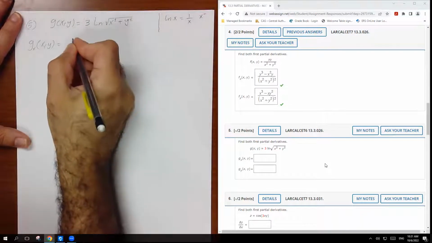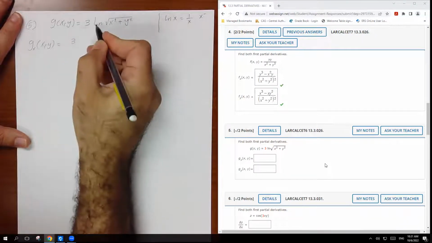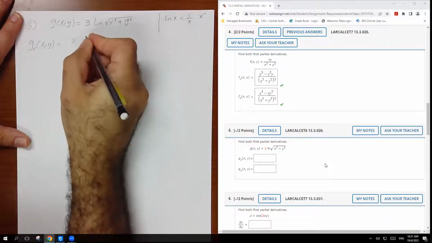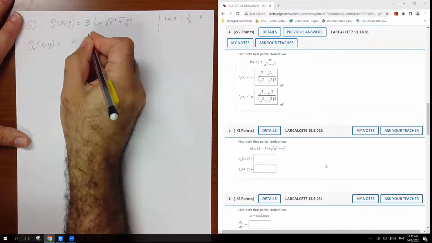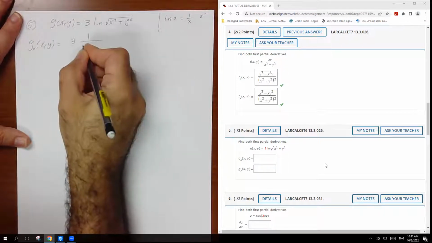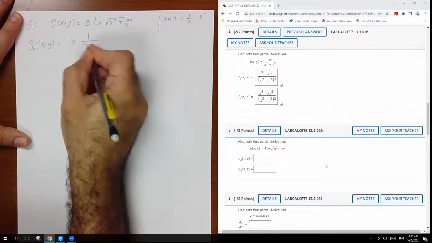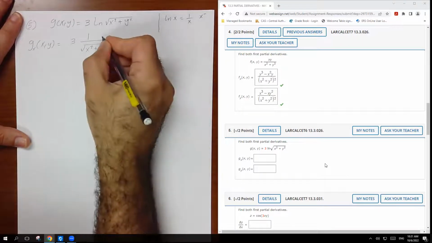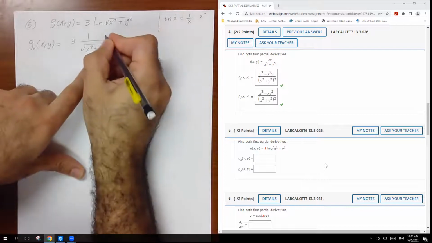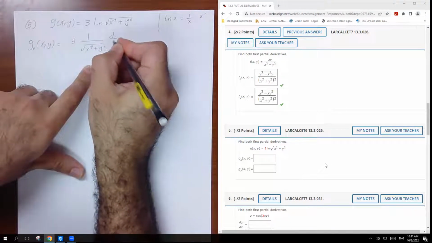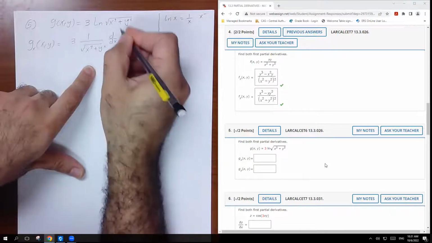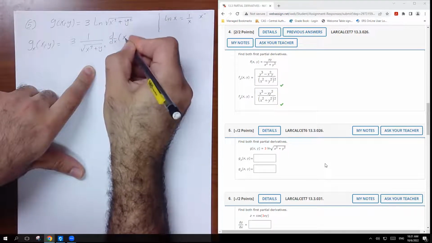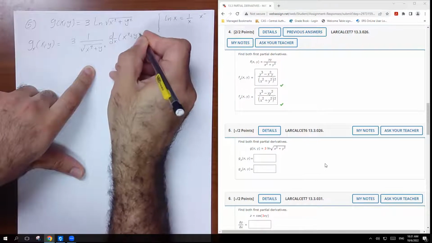So now this is the 3 here. The derivative for the ln is going to be 1 over x here, which is the square root of x squared plus y squared, times the derivative with respect to x of x squared plus y squared to the half.